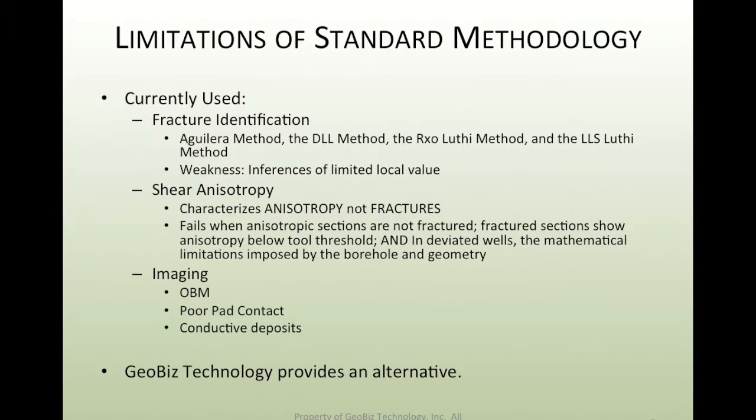Probably the most accurate method to identify fractures is imaging. And it's great when it works, obviously, but with the prevalence of oil-based mud in unconventionals and also the presence of conductive deposits, it can lead to obscured image results and poor resolution.